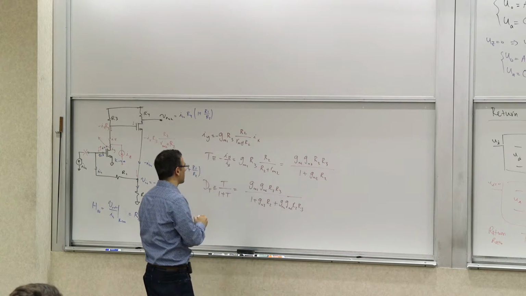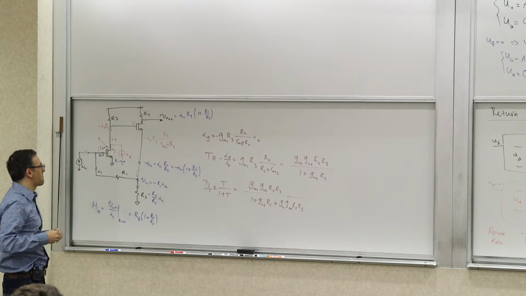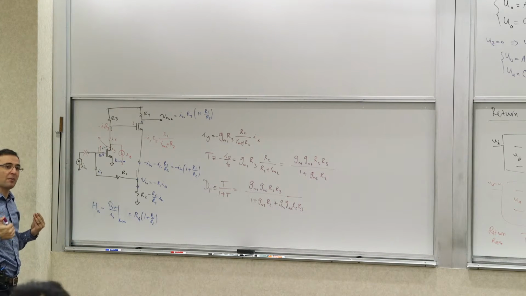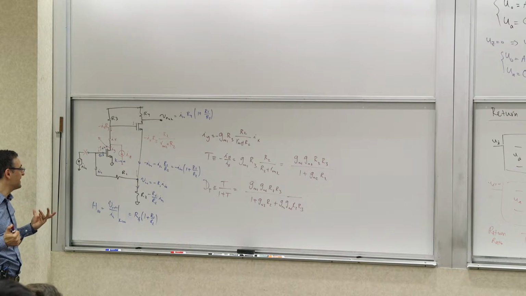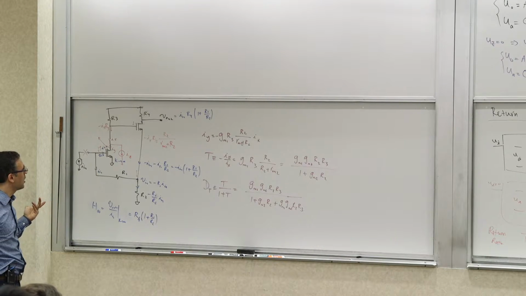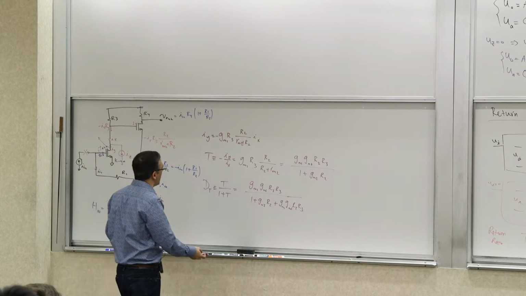So you get something like that. Now, what do you want it to be for the feedback to operate close to ideal? You want this T to be as large as possible, or the correction factor to be as close to 1 as possible, right? So how can you make T as large as possible?